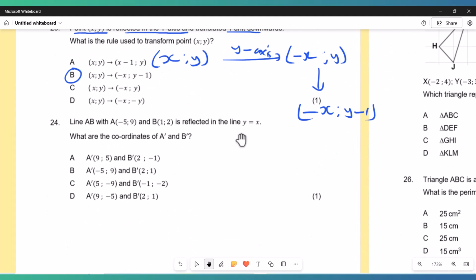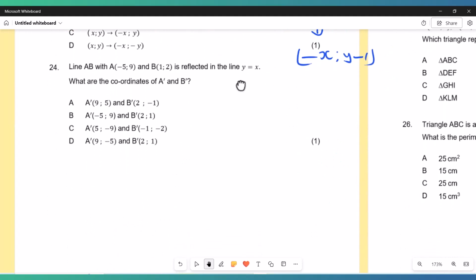24. They say line AB with A minus 5 is to 9 and B 1 is to 2 is reflected in the line y equals to x. What are the coordinates of A' and B'? Now in the line y equals to x, when you reflect, the x and the y just swap each other. Okay. The rule says that they are going to swap, so it becomes y is to x.